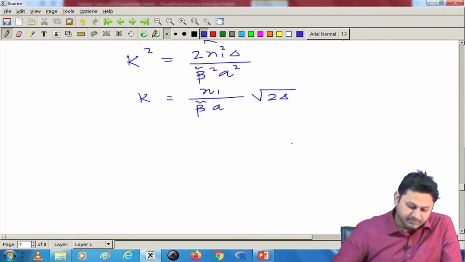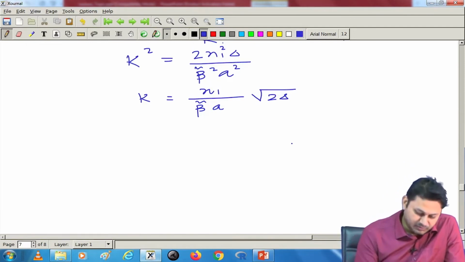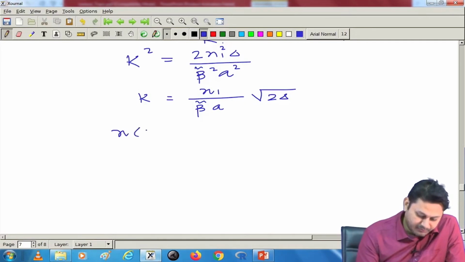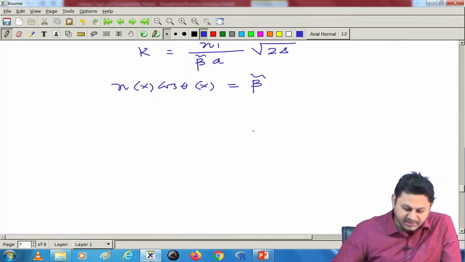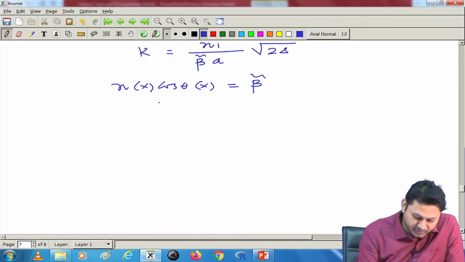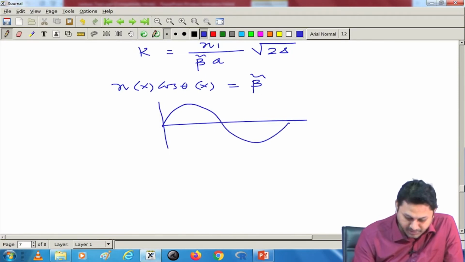And beta tilde by n 1 can also be written in terms of theta 0, because I know that n of x cos of theta x is beta tilde, that we know. When we launch the light, if I go back to the picture once again, the ray will follow this kind of path.